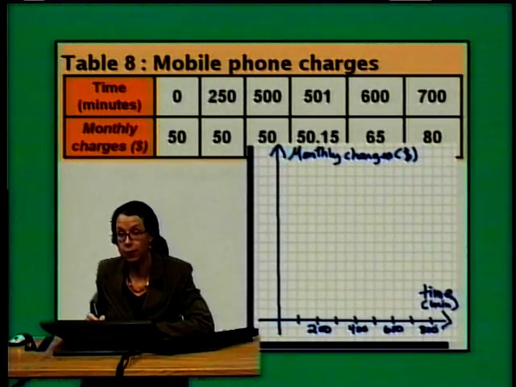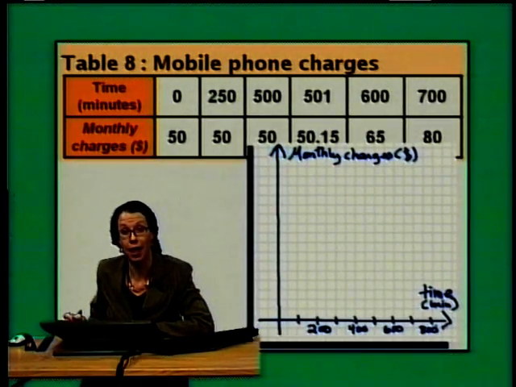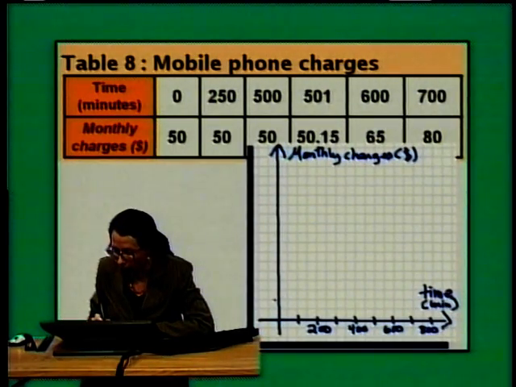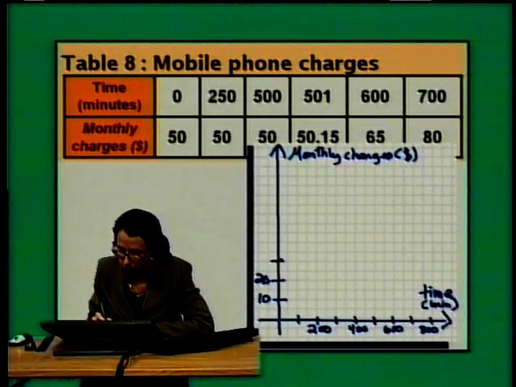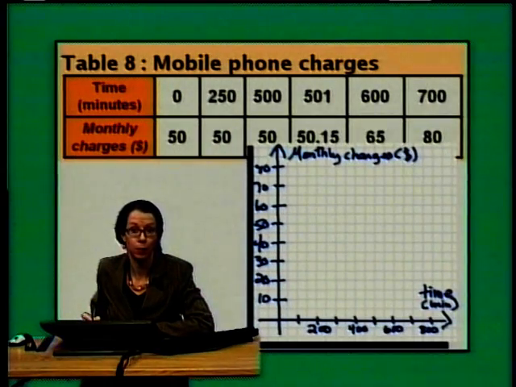On my vertical axis, my charges in my table go up to 80, so I want my vertical axis to go up to 80. So I think I'll use a scale of 5 on the vertical axis. Now let's plot some points.